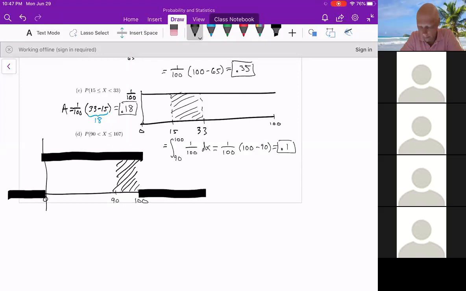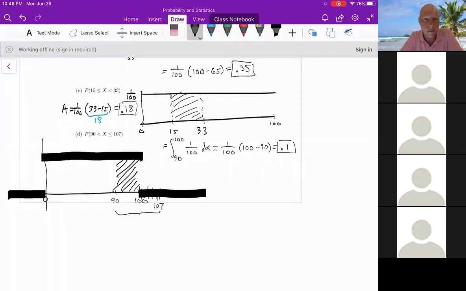Sorry. We're really looking in this entire region, but the area in this region here from 100 to 107 is 0, because the PDF is 0 in that region.